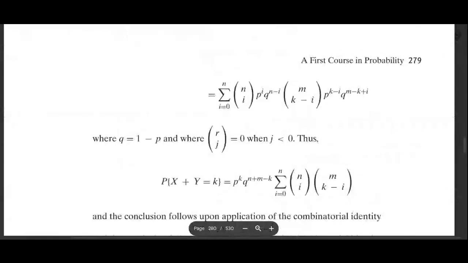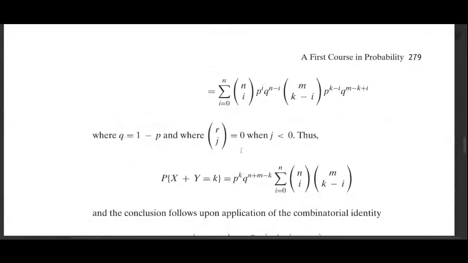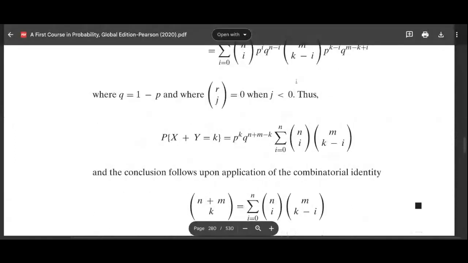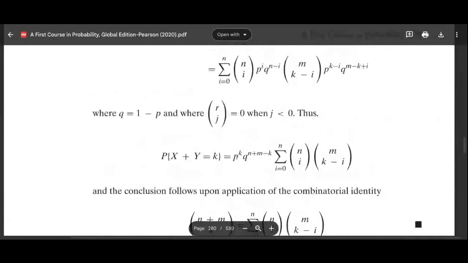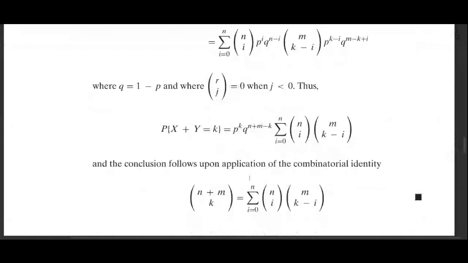Then maybe you can do something. Let q equal 1 minus p. Then we can rewrite this, and the conclusion follows.